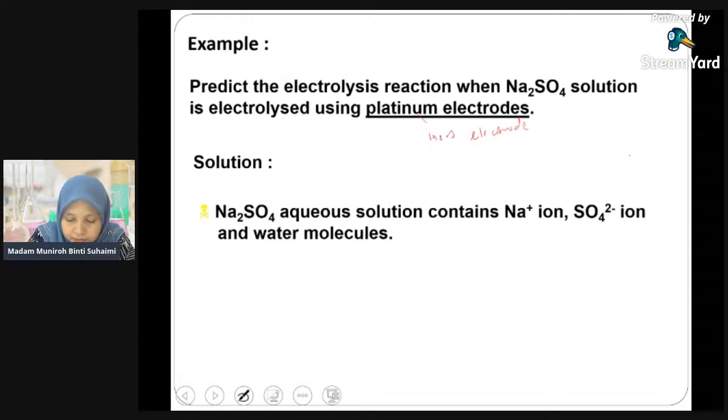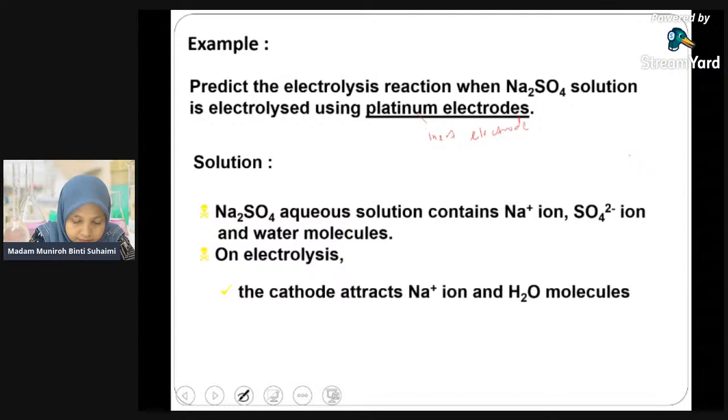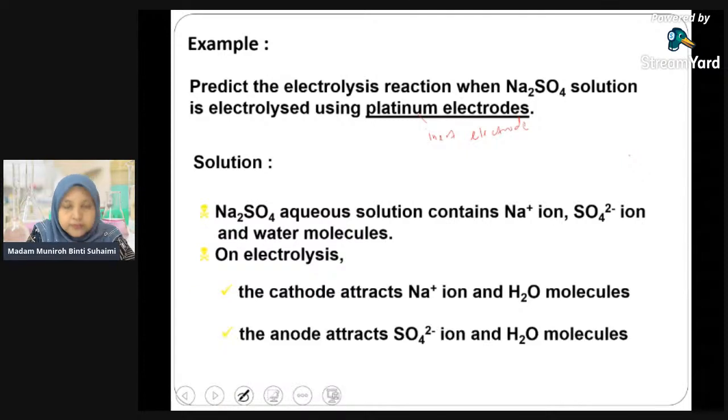So we will see what products are selected. Sodium sulfate aqueous solution contains Na plus cation, sulfate ion anion, and water molecule. So the cathode attracts cation Na plus ion and H2O molecule, and the anode attracts anion and H2O molecule.